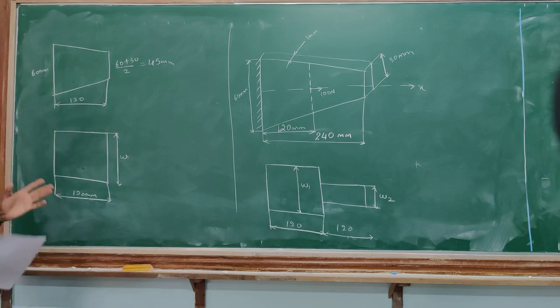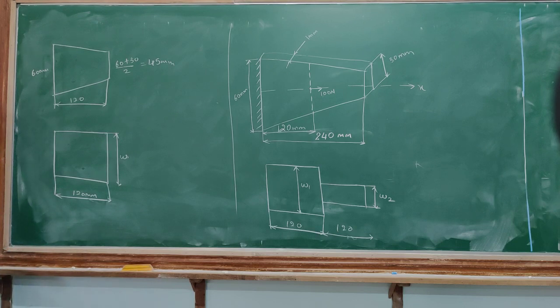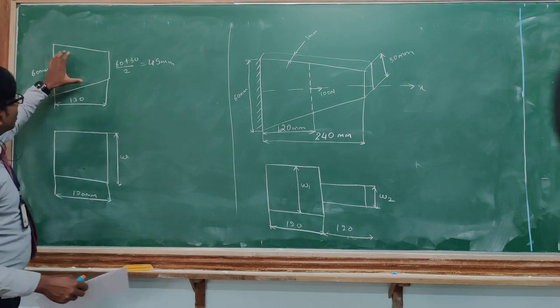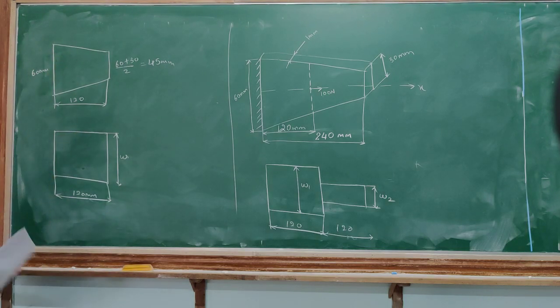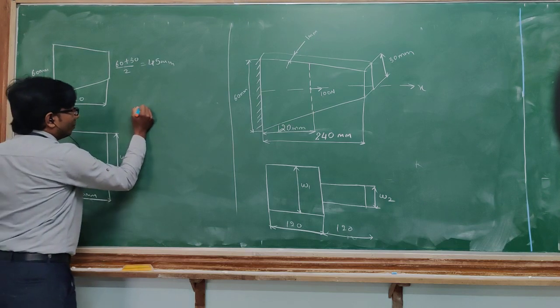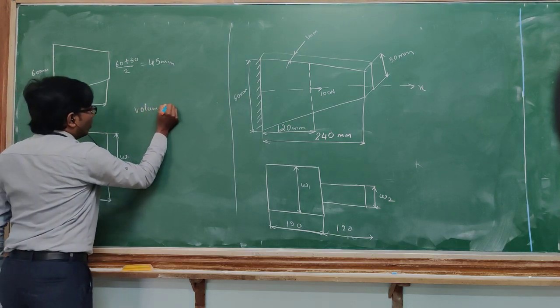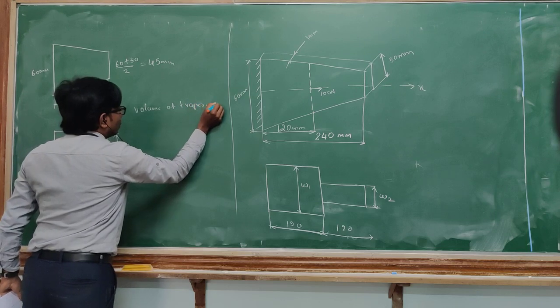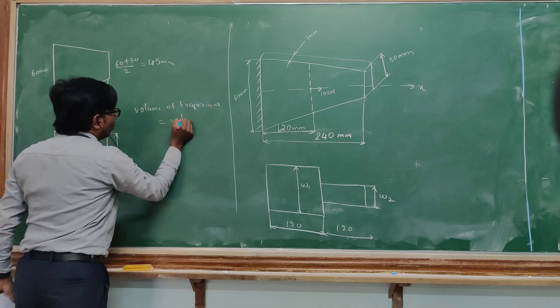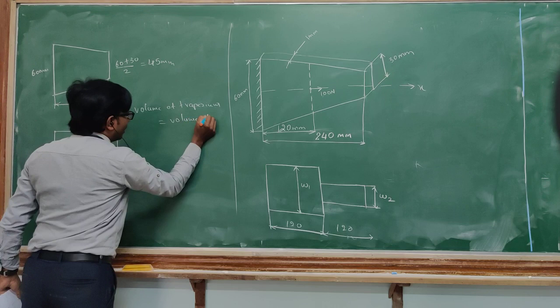I am not adding or removing any material. I'll just compress it to make a regular rectangular shape. For that, the volume of the trapezium should be equal to the volume of the rectangle.